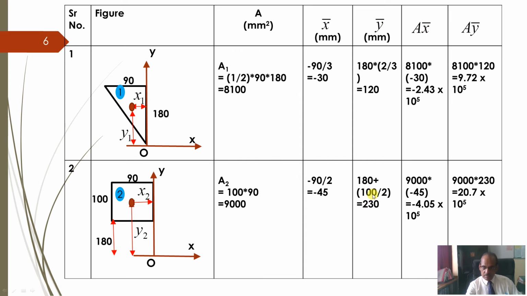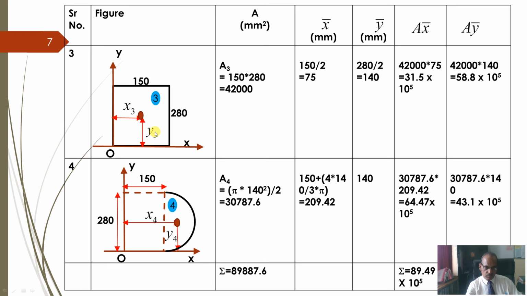For the x coordinate, if you draw a vertical line, it will intersect the negative x-axis at a distance of 90 by 2, so minus 90 by 2, minus 45. Now you can write a2 x2 here and a2 y2 here. This way you'll have to write.